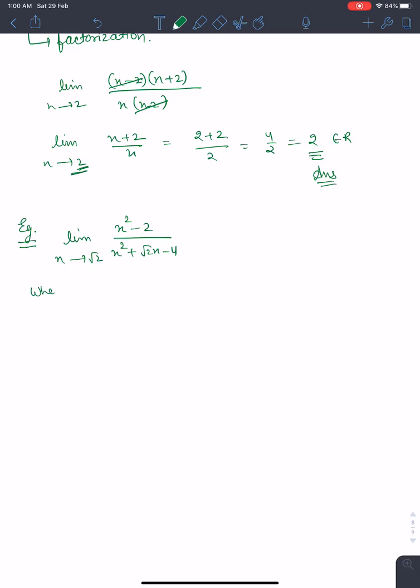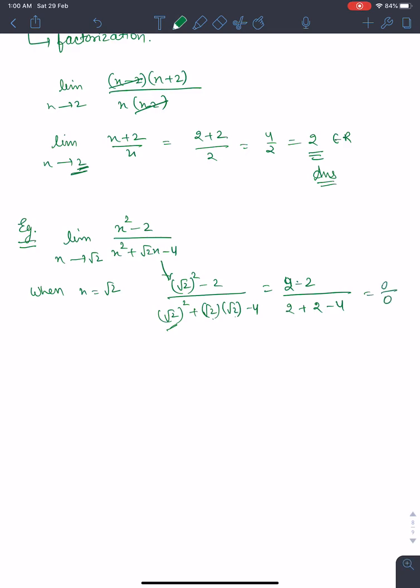When x is equal to root 2, what is happening with this expression? Root 2 square minus 2 upon root 2 square plus root 2 into root 2 minus 4. Root 2 square becomes 2, so 2 minus 2 upon 2 plus root 2 into root 2, which will give you 2, minus 4.